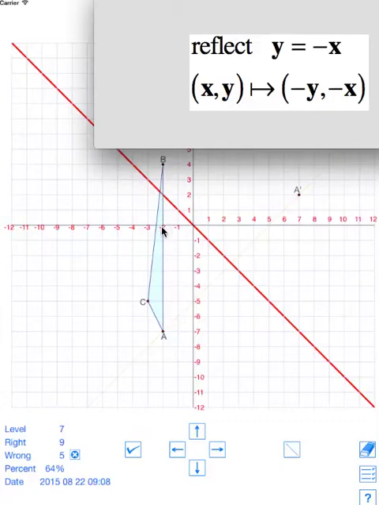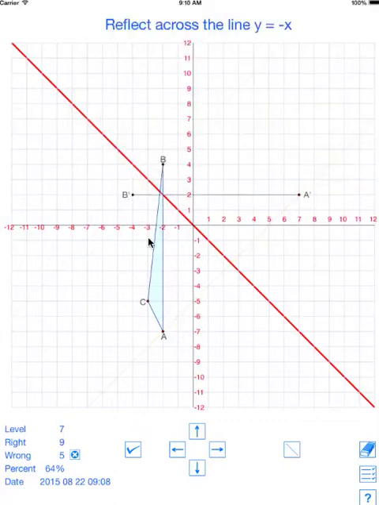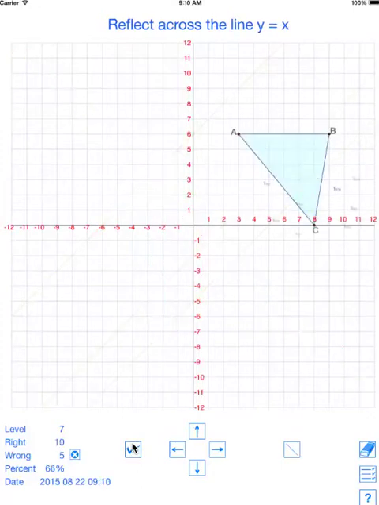The B, which is -2, +4, is going to switch to -4, +2, right here. Okay, and notice that's one diagonal, and that's one diagonal on the other side, so it does work. Alright, the C, which is at -3, -5, is going to be +5, +3, right there. Okay, and then we click the check button to check to see if we're right.